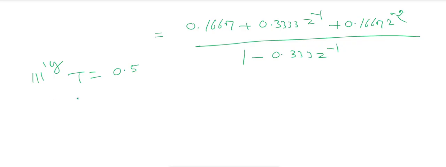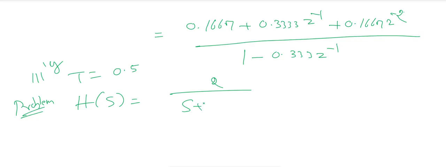So H of S problems. H of S is equal to 2 by S plus 1 into S plus 2, where you take t is equal to 1 second. This is the first one.